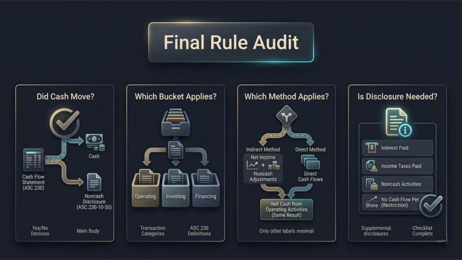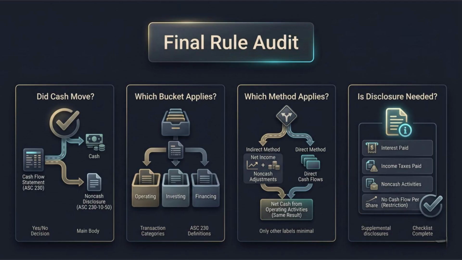Before closing, let us apply the final rule audit. First, did cash move? If no cash changed hands, keep the transaction out of the statement body and consider non-cash disclosure. Second, which bucket applies? Operating is for principal revenue activities and related operating cash flows. Investing is for long-term assets and investments. Financing is for owners and creditors. Third, which method applies?